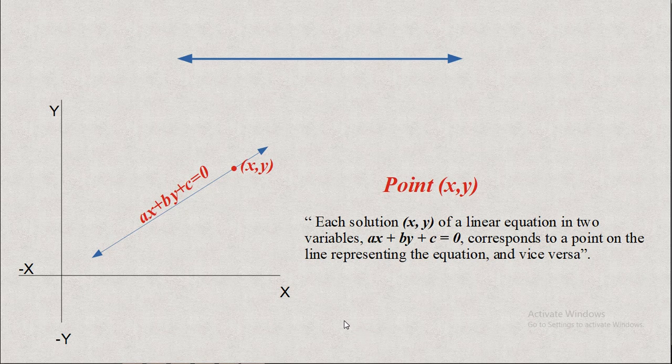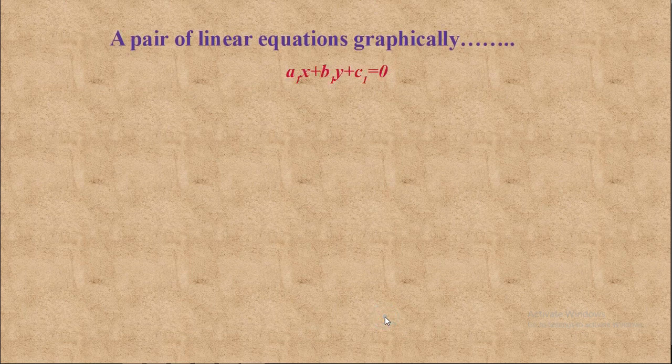Now let us see how the graph of a pair of linear equations looks. Now we have seen a single graph of a single linear equation. Now let's see the graph of a pair of linear equations.